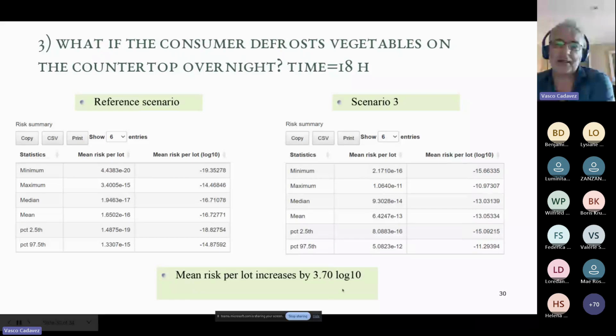So there is a big increase in the mean risk per lot. So we increase the risk with 3.7 log 10. So this defrosting can be very, very problematic for this type of food.